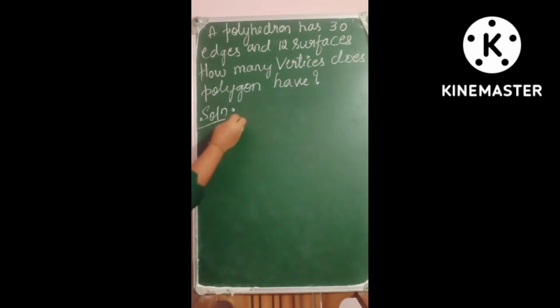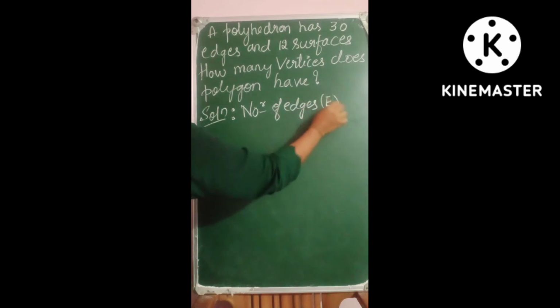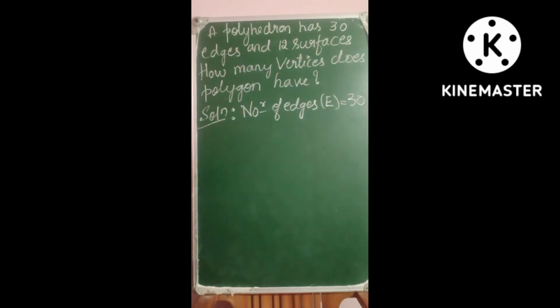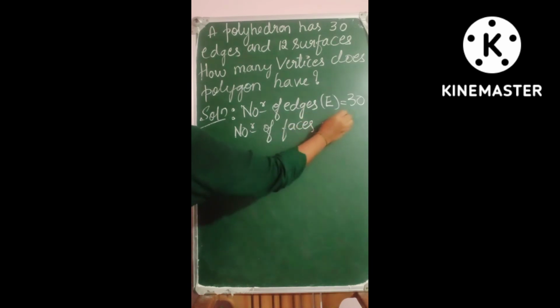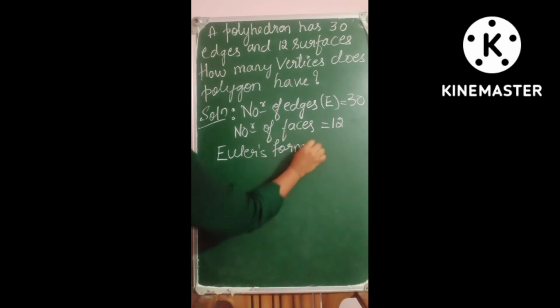Okay, in the problem, what they have given is the number of edges, that is E, is how much? 30. Then the number of surfaces, that is the number of faces, is equal to 12, right? Next, by Euler's formula, whatever you call it for your convenience, it is Euler's formula.